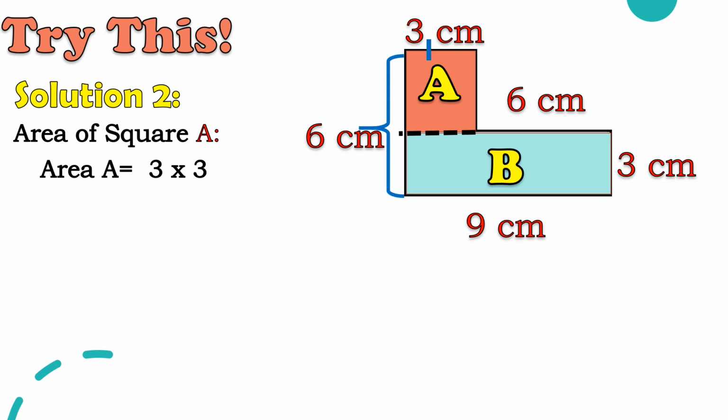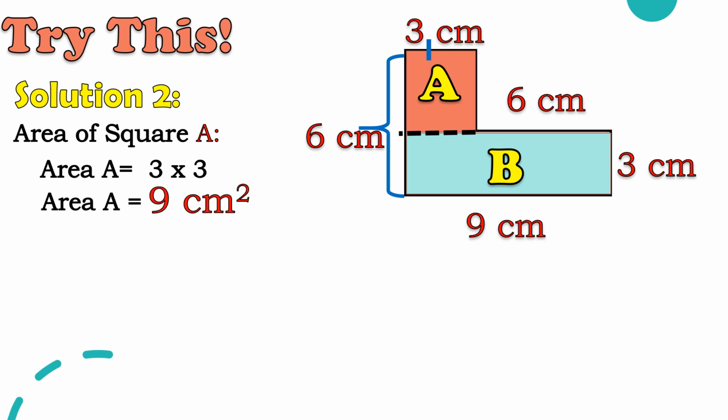But since hinati natin siya dito sa may imaginary line, hahatiin natin ang 6. So, ang 6, ang kalahati nito ay 3. Kaya ang inilagay natin dito ay 3. So, therefore, area of rectangle A is 3 times 3 is equal to 9 cm squared.